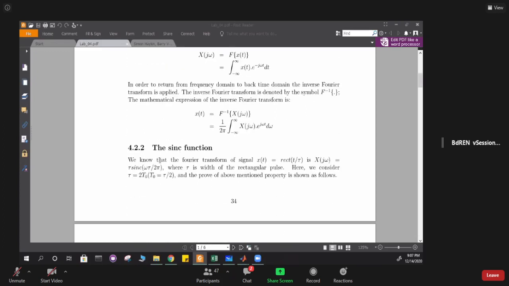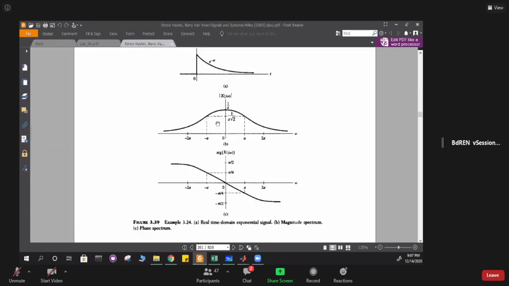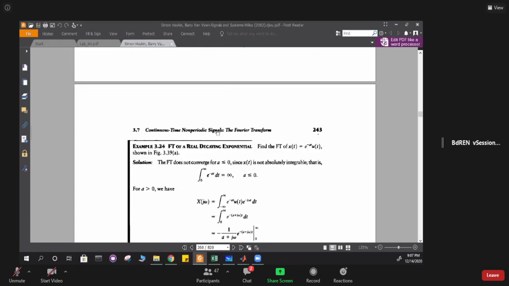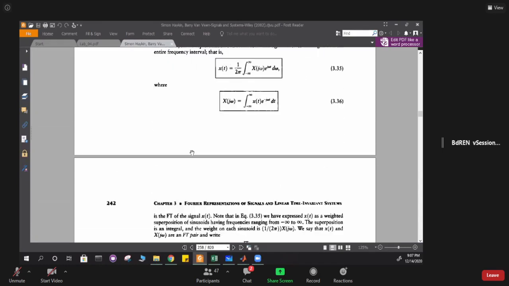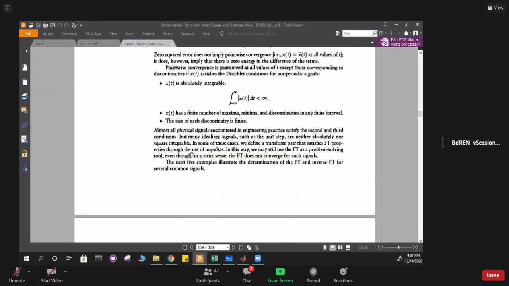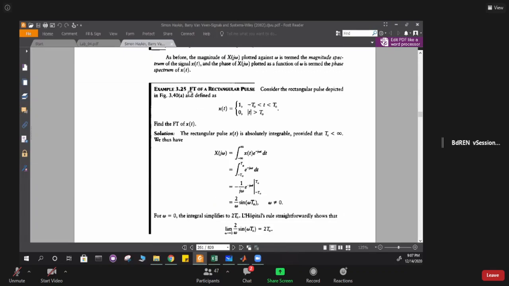So we'll see one problem from the book, problem 3.25. This is the topic of the continuous time non-periodic signal, section 3.7, where the Fourier transform starts. The problem we have is the Fourier transform of a rectangular pulse.